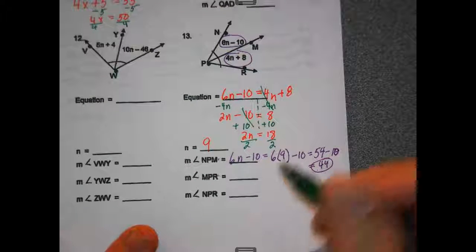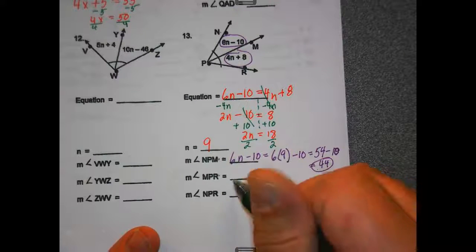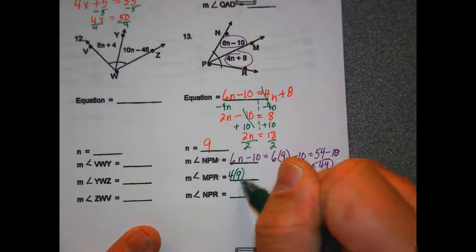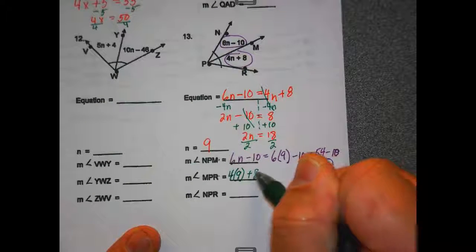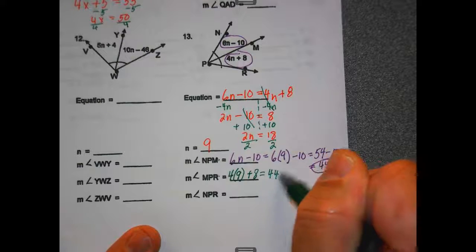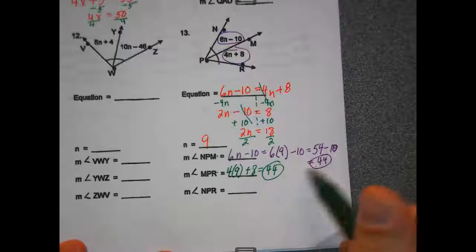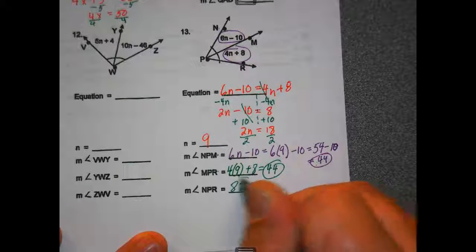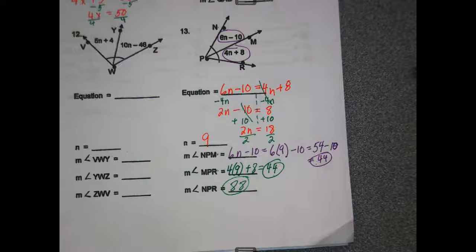NPR, it better be 44. 4 times n, 36 plus 8, 44. 44 plus 44 is going to be, for the big angle NPR.